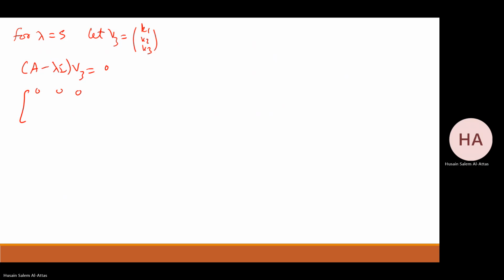Okay. Now the last one, for lambda equals 5. I let v3 now be k1, k2, k3. And solve A minus lambda I v3 equals 0. So I have 0, 0, 0.